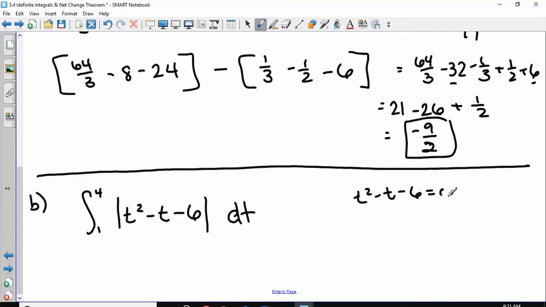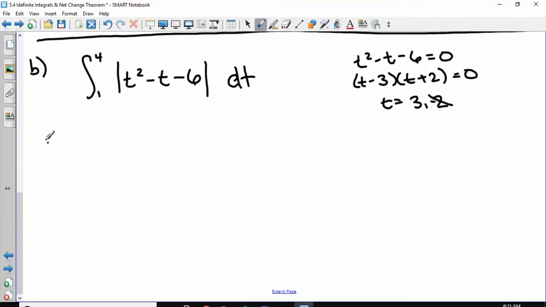We have to first figure out what makes them equal 0. So that factors into t minus 3, t plus 2. So this equals 0 at positive 3 and negative 2. Is negative 2 in my interval? No, so I don't even have to worry about that one. So we're going to have to integrate from 1 to 3 and from 3 to 4.